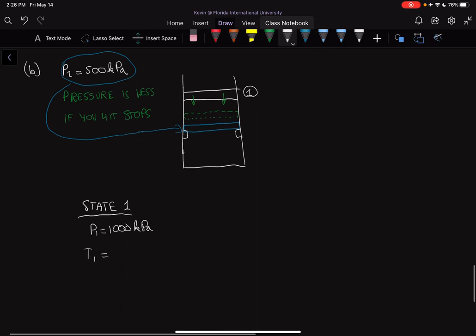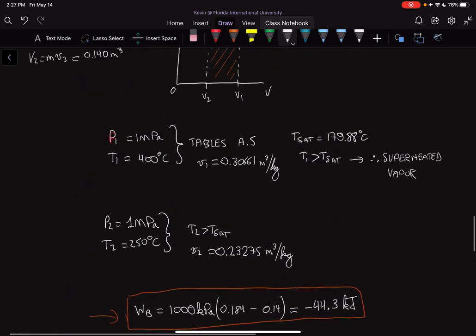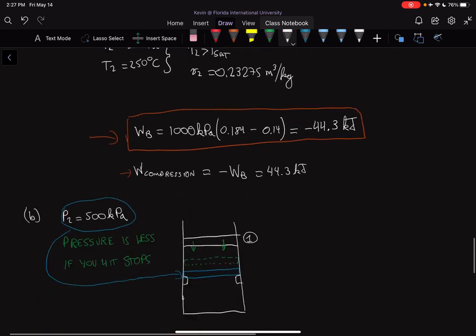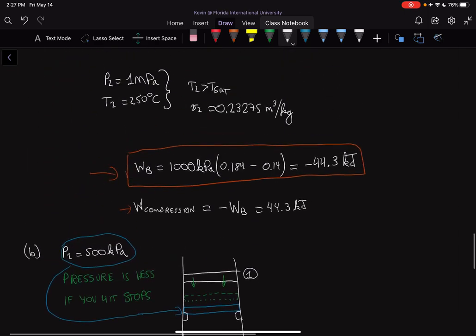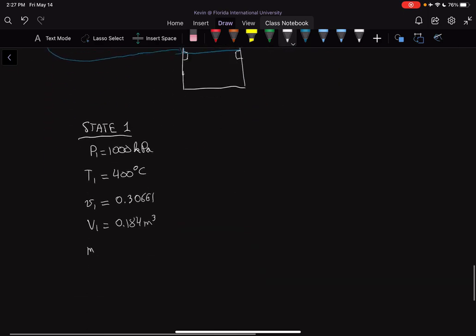Temperature 1 is equal to 400 degrees Celsius. And we know V1 already: little v1 is 0.30661, and V1 is equal to 0.184 meters cubed. And we also have the mass, which is equal to 0.6 kilograms.